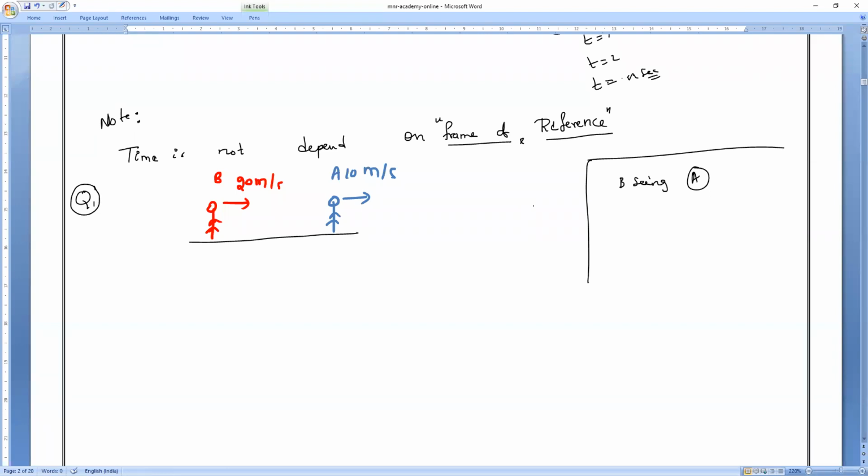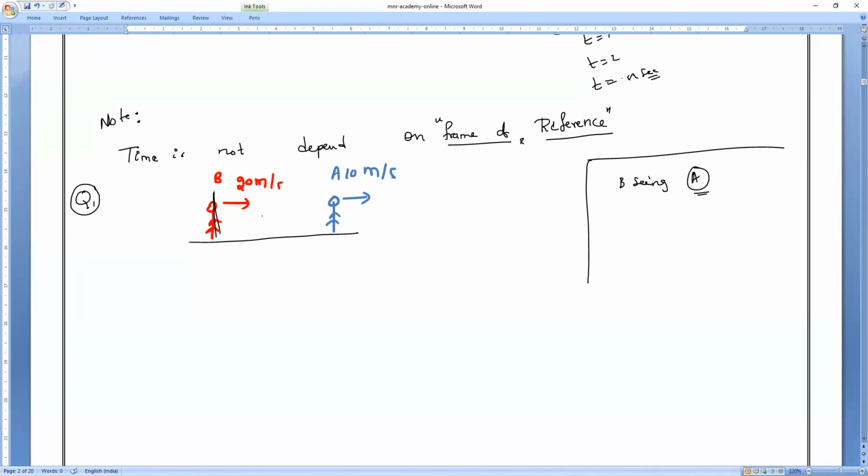I want to know. Please respond. Pradosh, be very careful. B is our observer, B is observing A. Now you tell me, is A coming towards B or going away from B? Towards, sir. Yes, towards.